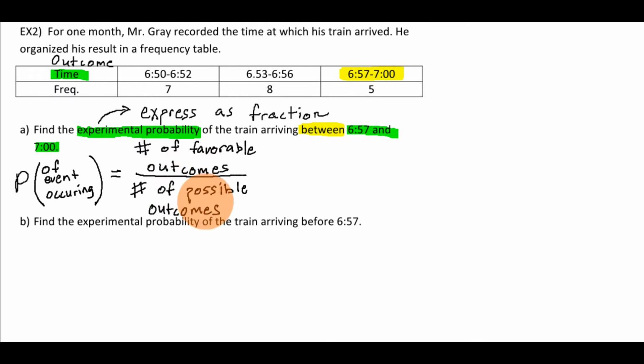Okay, so this is how I set up my fraction, and it works for me. If it doesn't work for you and you like the textbook version, use it.